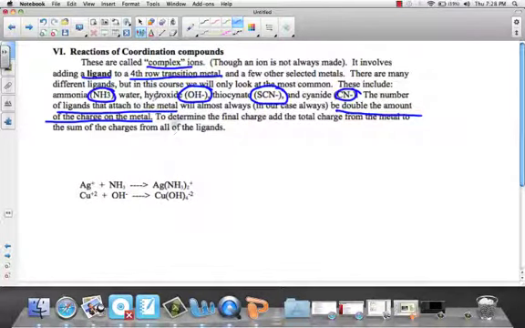To determine the final charge, and this is also important, you add up the total charge from the metal to the sum of the charges from all the ligands. You get the final charge by adding the charge from the metal to the sum of the charges on all the ligands.